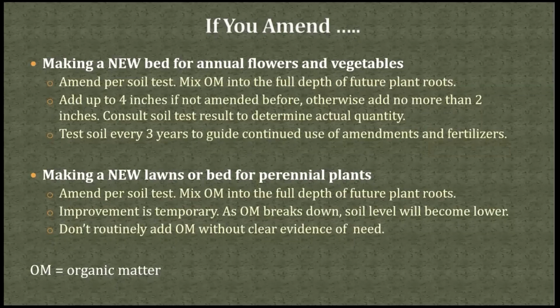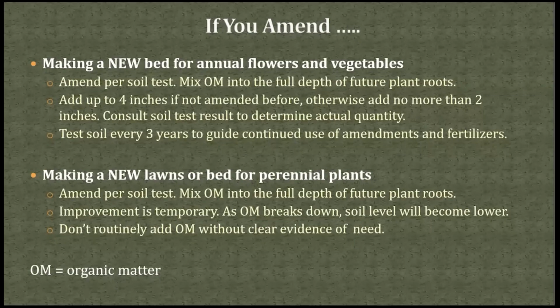Of course, you should do a soil test to determine the actual quantity of amendment, but if the soil has never been amended before, you may be adding up to 4 inches. And this, I'm thinking, using yard waste compost as an example. And if it has been previously amended, then it could be half the quantity.